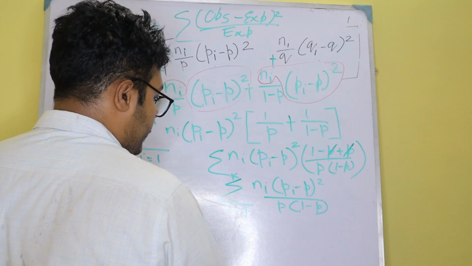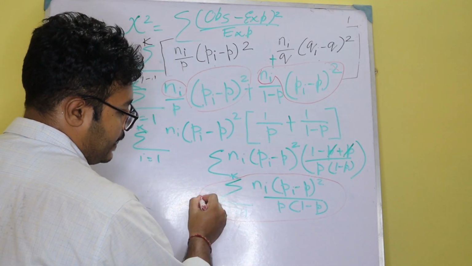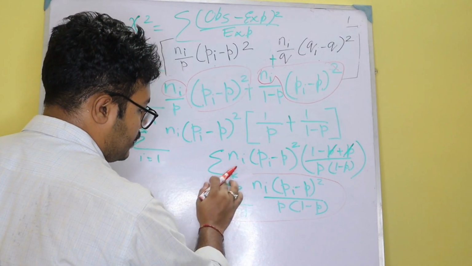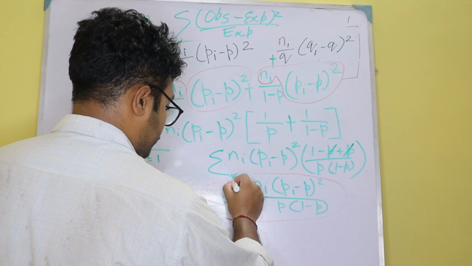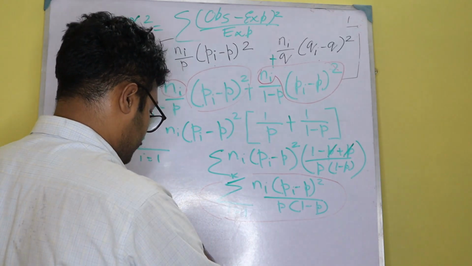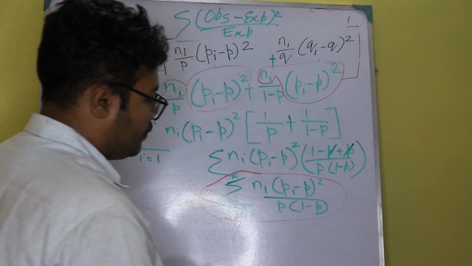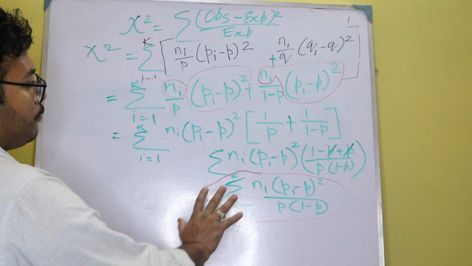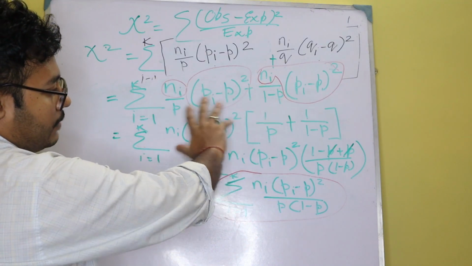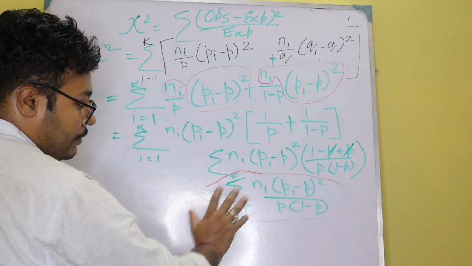So I am marking it again here. This is the final expression. Sorry, this k will also be included. Now, I am rubbing this whole green part so that we can proceed with the proof.